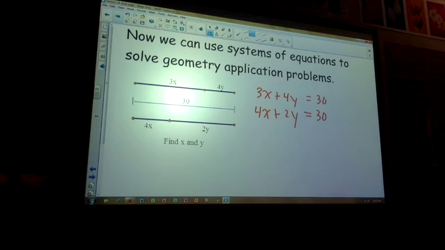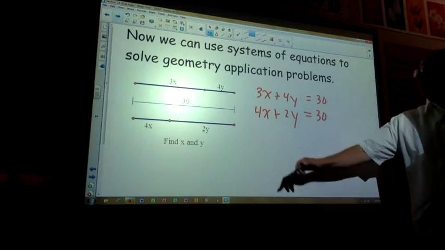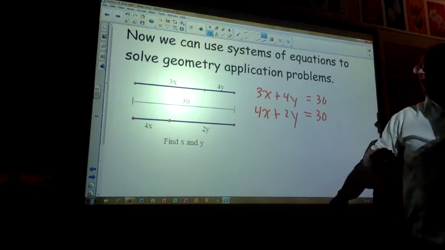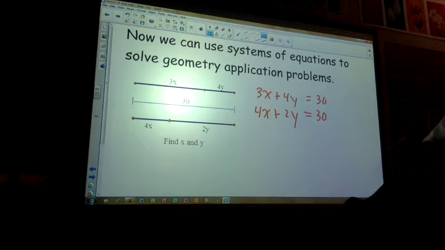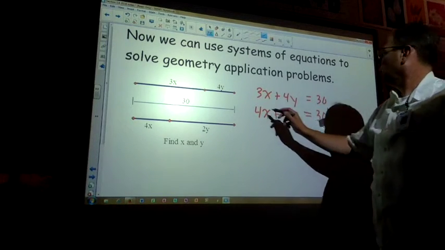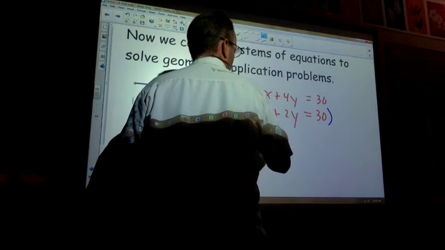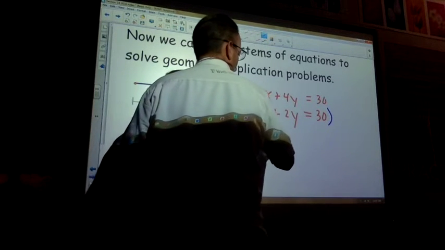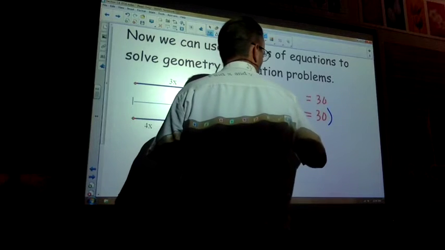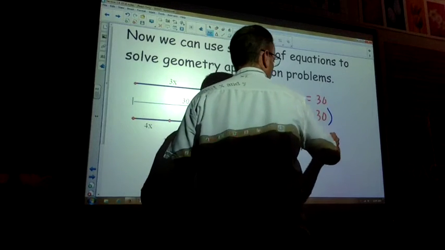I could do elimination, which looks like a good thing. What do you got for elimination? Multiply the bottom by -2. What am I getting rid of? Y's. Perfect. All right, so that means that down here, I'm going to get negative 8x minus 4y equals negative 60.